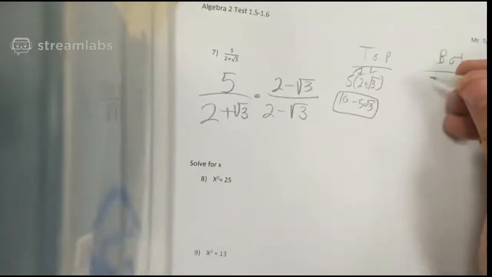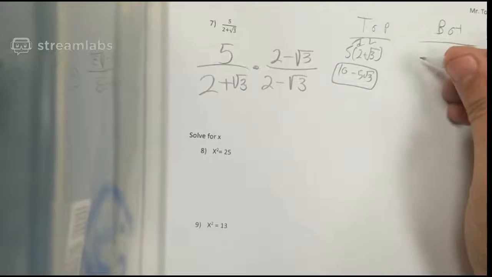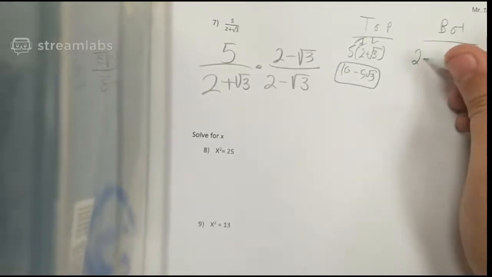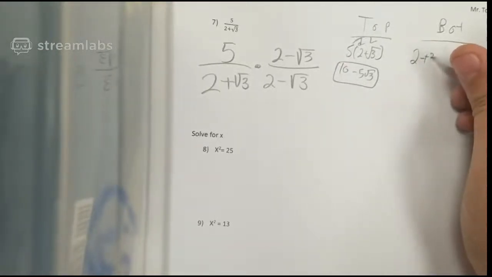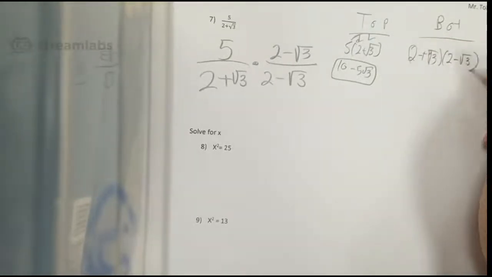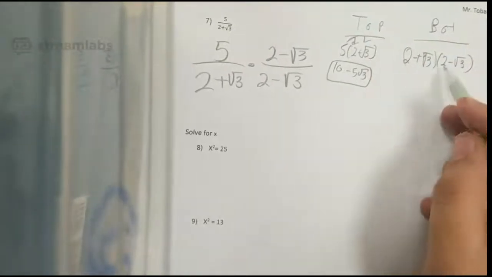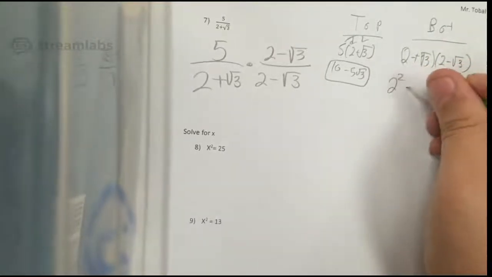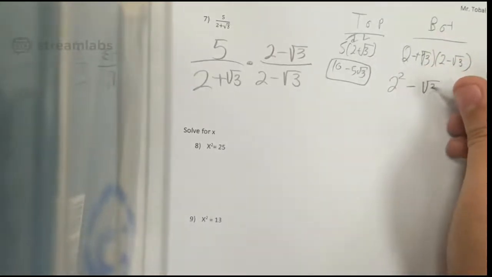Now, the FOILing, I'm going to show you the shortcut because I already explained it enough times in real life. It's 2 plus root 3 times 2 minus root 3. Because it's exactly the same thing, and one is plus, one is minus, you could do 2 squared minus root 3 squared.